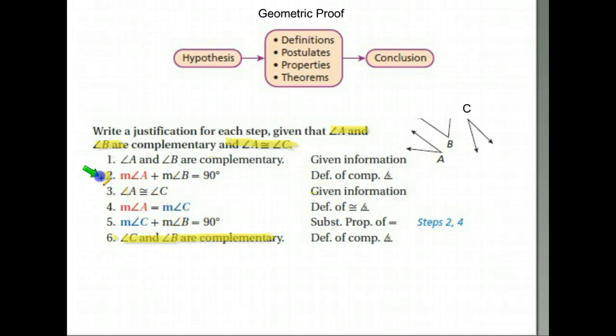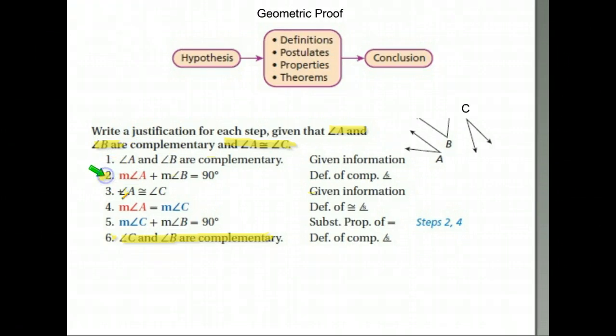What they do from here is they take step 2 up here, and they replace the A with a C. The reason they could do that is because we showed above that the measure of angle A and the measure of angle C are the same thing. They're equal. We can replace one with the other, and that's called the substitution property. When you take two things that are equal, you use one to replace the other.